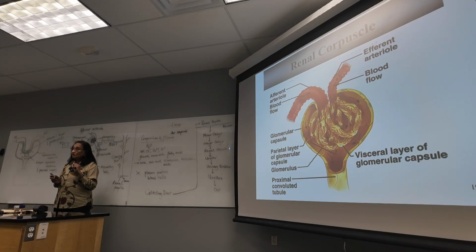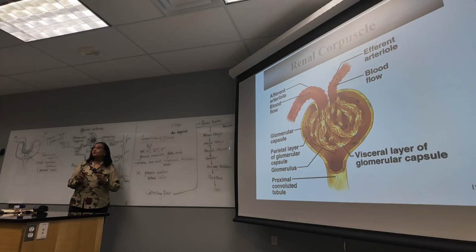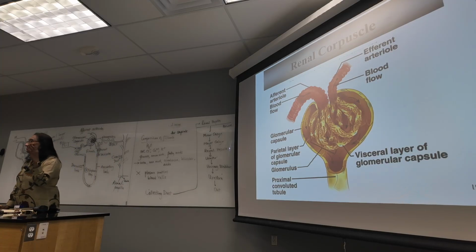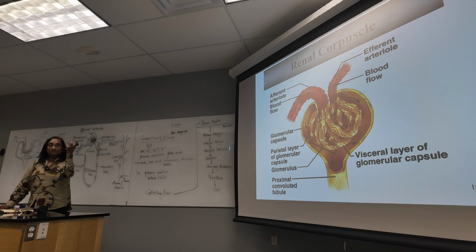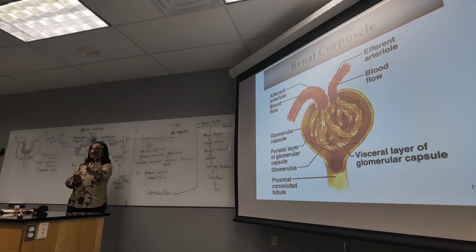So now you know, in a healthy individual, if you examine the urine, it should never have blood and plasma proteins in it. Why? Because they don't get filtered. The nephron, the renal corpuscle, is designed in a way that these things cannot come out.